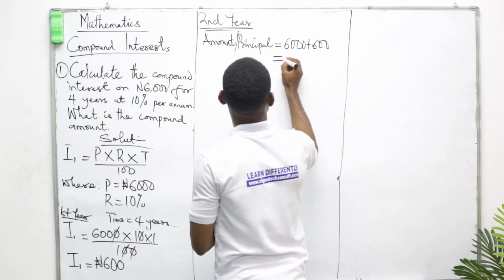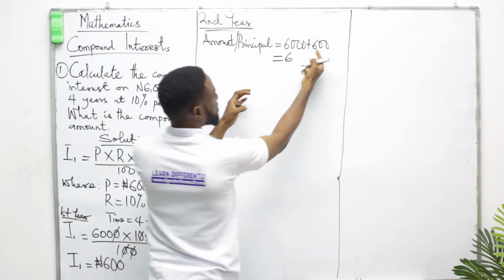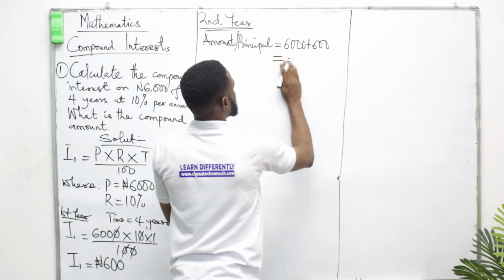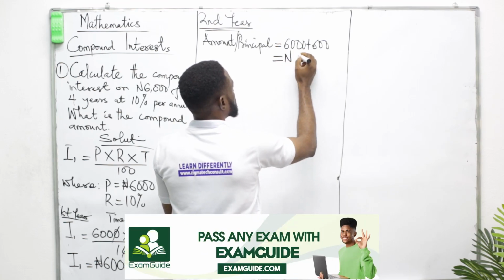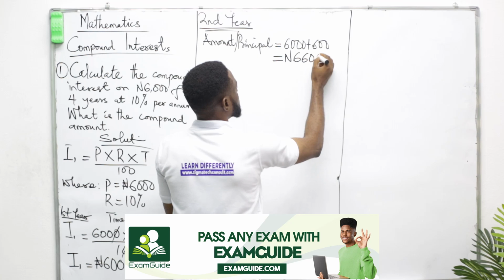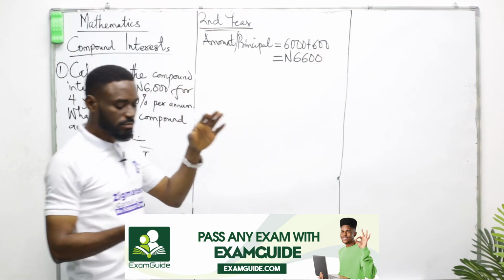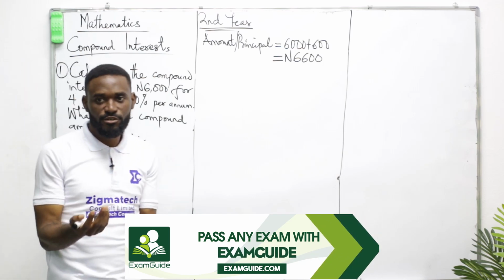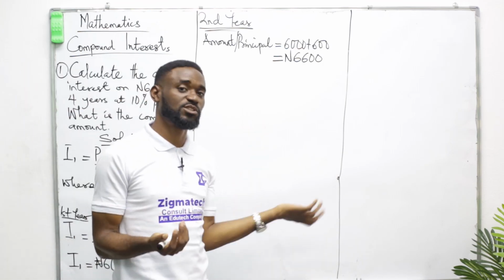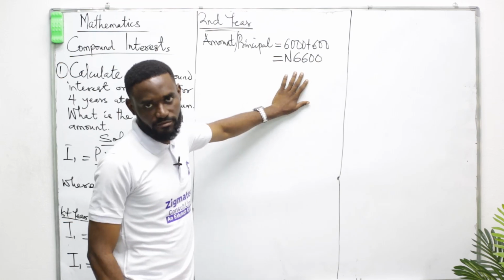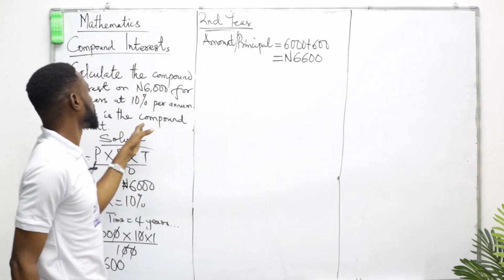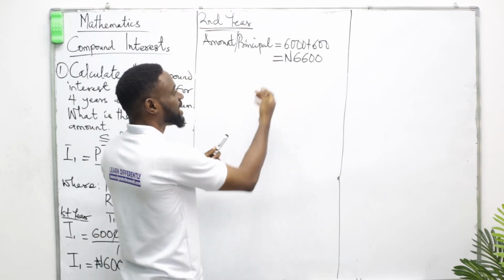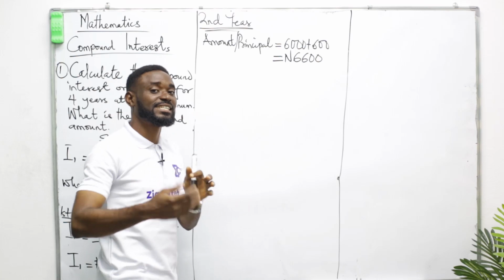So 6,000 plus 600 is 6,600. So 6,600 naira. This is in naira, please. So now it means that if this man decides to take his investment at the end of this 1 year, this is what he's going with, instead of the 6,000 that he was given. But the investment contract is for 4 years.